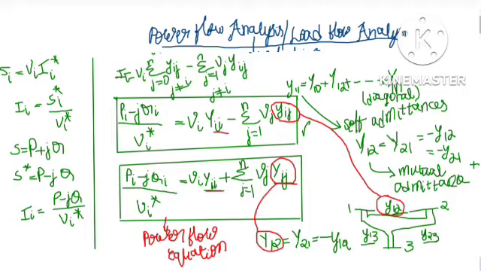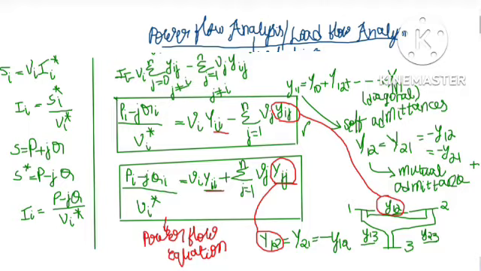P minus jQ divided by Vi conjugate. Now I am substituting this Ii in the previous equation. What is the previous?